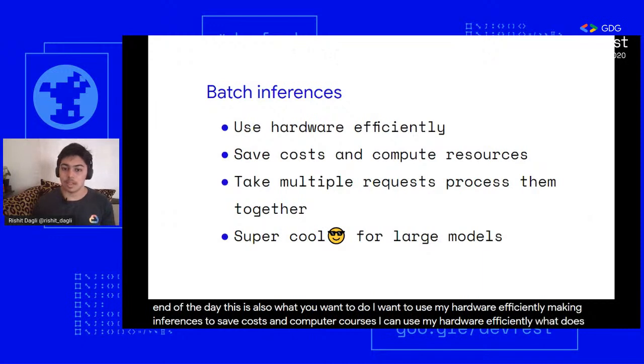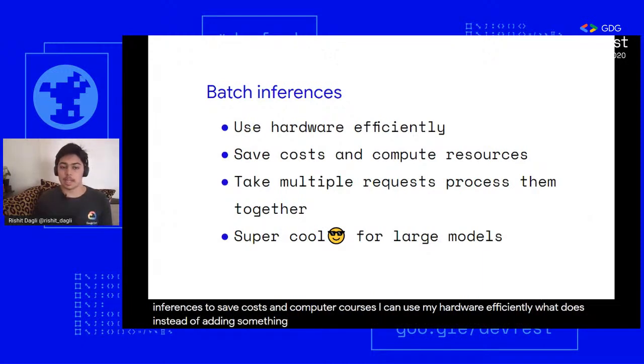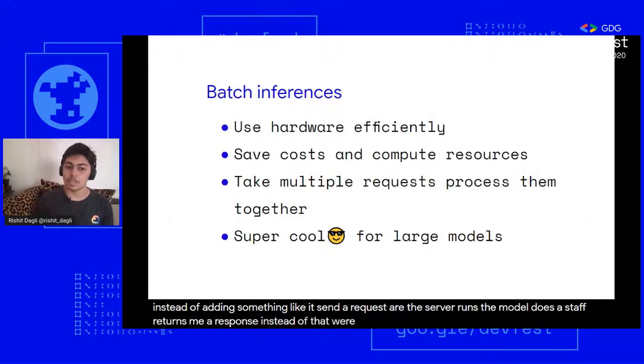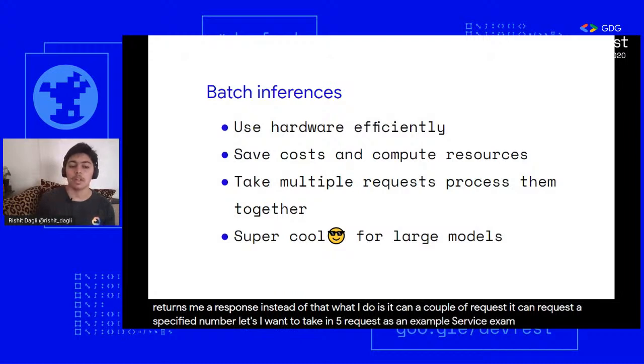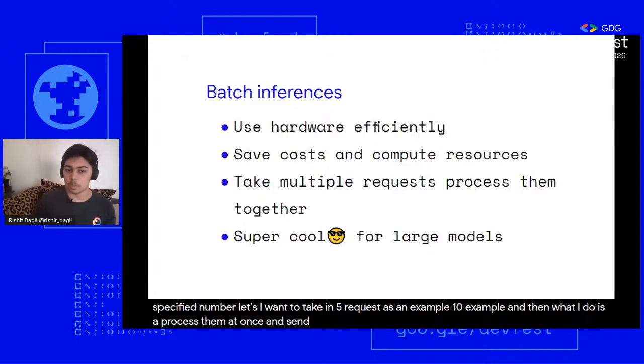What this does is, instead of me sending a request, the server running the model, doing the stuff, and returning me a response, I take in a couple of requests, up to a specified number. Let's say I want to take in 5 requests, just as an example. Then I process them at once and send out the responses.